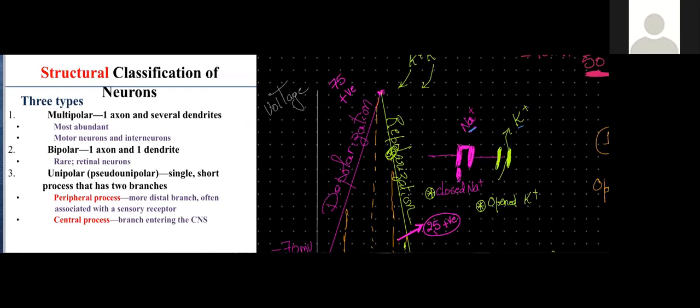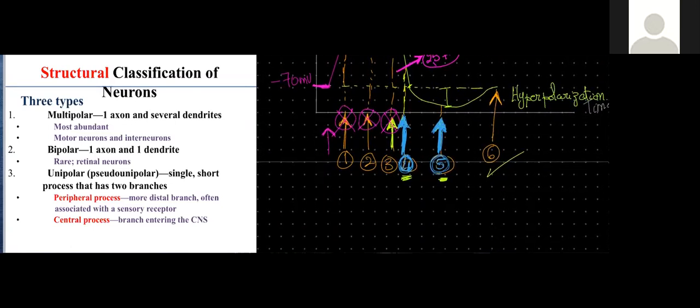Exactly. So this means what for me? This means I need to get a stronger stimulus in order for me to respond. What if you've got a threshold stimulus, the ones that will give you only 50 positive charges in? Would you be responding?